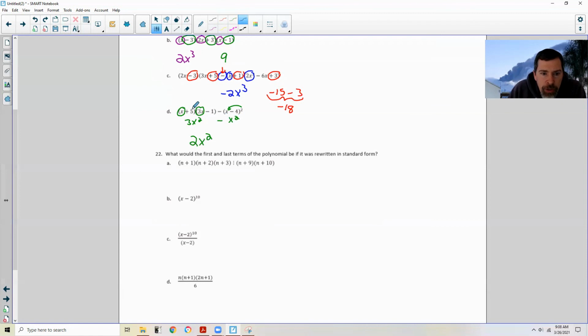And then if I switch to my constants, I need to be careful here. A positive 5 times a negative 1 is a negative 5. And we're subtracting a negative 4 squared, which is 16. So when I take negative 5 minus 16, I get negative 21. So my first term is 2x squared, and my last term is negative 21.